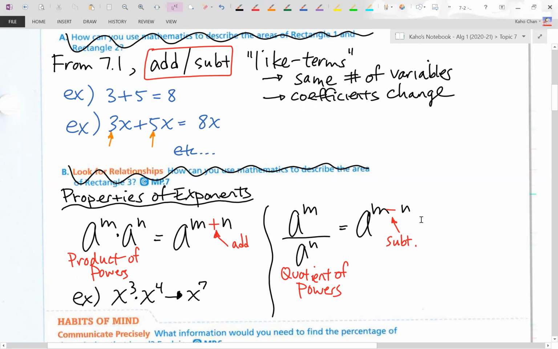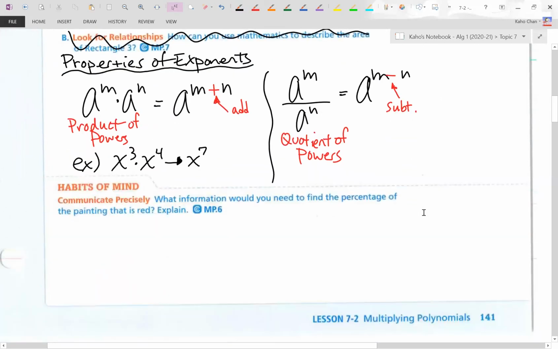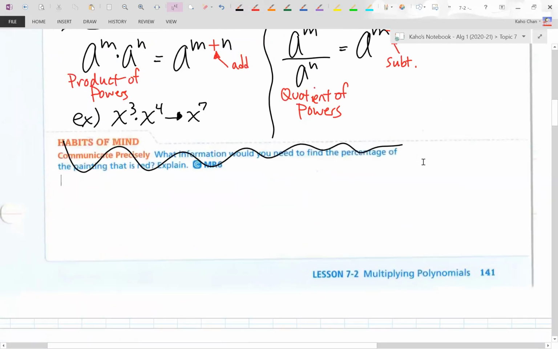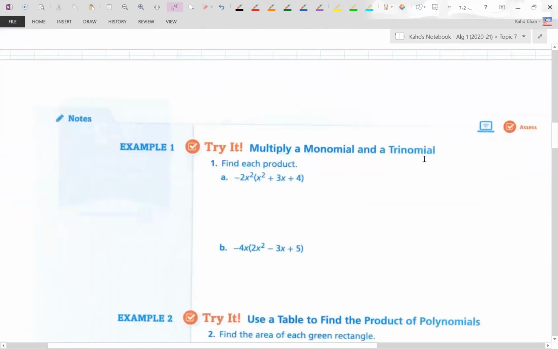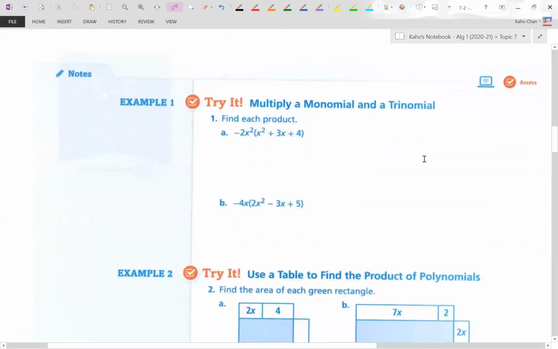All right. Let's move on to the next page and try some problems involving multiplying polynomials. Polynomials can be monomials, binomials, trinomials. That's the number of terms in each polynomial. Let's take a look at numbers 1a and 1b. Now, before I actually do actual variables, I want to do something very simple and straightforward.